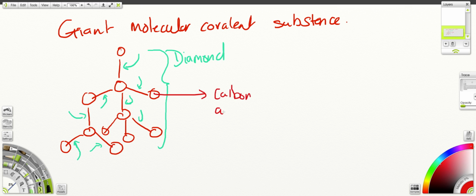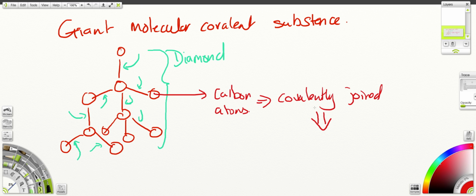So you've got loads of carbon atoms that are covalently joined together, and because there are no weak forces between the atoms, this will have a very high melting and boiling point.